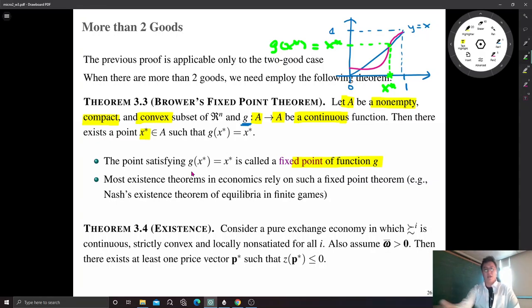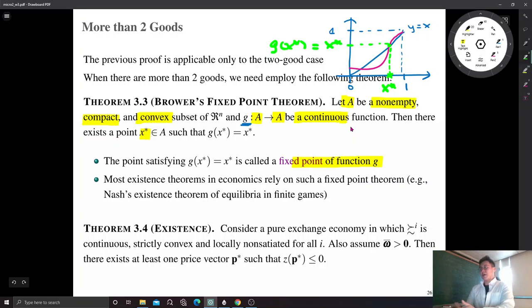So he used a fixed point theorem in his original proof, the so-called Kakutani's fixed point theorem, because in finite games, a player's best response is not necessarily a function. It might be a correspondence. So Kakutani's fixed point theorem is about correspondences, and Brouwer's fixed point theorem is about functions, continuous functions, right?